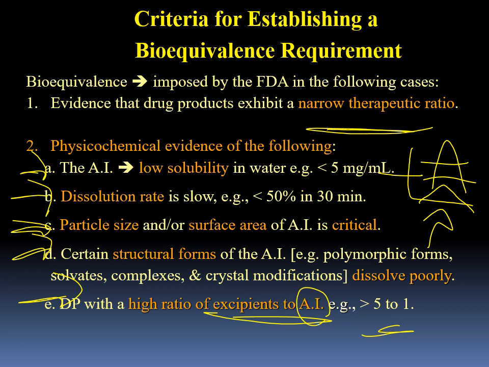So much excipient and very small amount of active ingredient. There is a great opportunity of interaction between the drug and the excipient. And you know, this interaction may affect everything. May affect stability, solubility, dissolution, and all other pharmacokinetic, all other physicochemical characteristics of the drug.